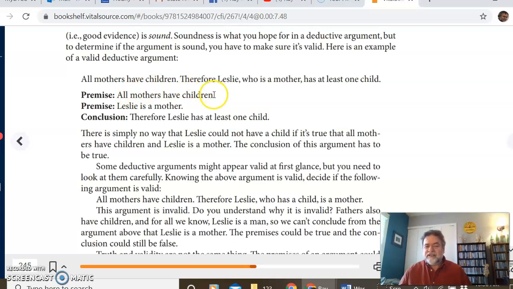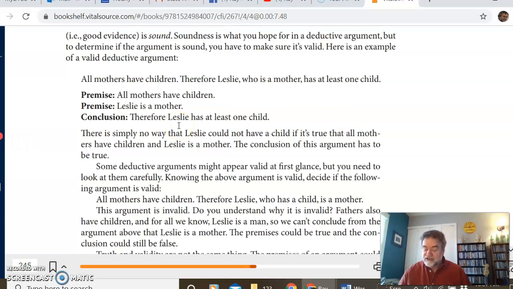And now in deduction it is no longer a conclusion, but becomes a piece of evidence. And we use this evidence, all mothers have children, to size up, if you will, this piece of evidence. Leslie is a mother, and using this and this, we come to the conclusion that tends to be rather specific.